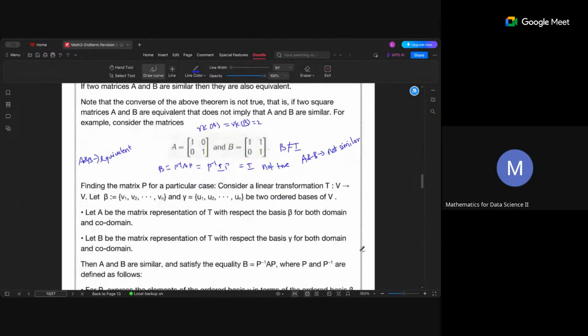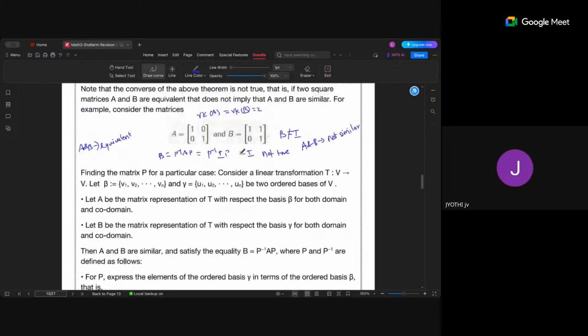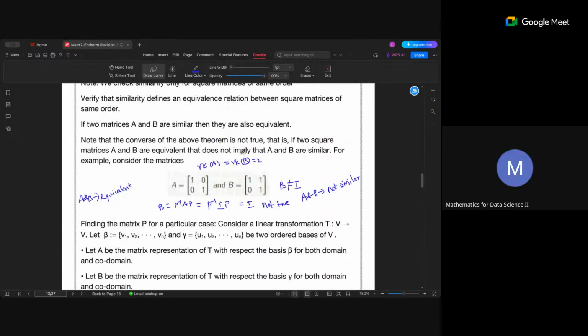Okay, so the exact same procedure we have. When we are saying equivalence, it is QAP, and for similarity P inverse AP, both are different, right? In equivalence, we are saying QAP, right? Yes. So Q and P should be invertible, right?